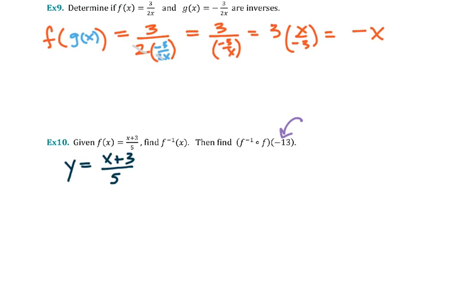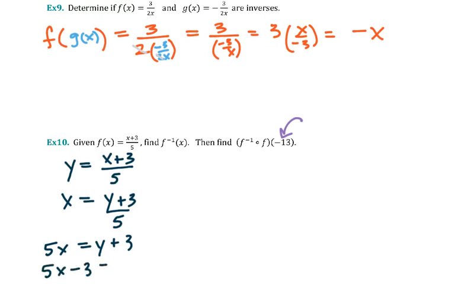Then we'll switch our x and y values. x equals y plus 3 over 5. I'll multiply on both sides by 5 to work to isolate that y, and then I will subtract 3 on both sides to get rid of that plus 3 on the right.